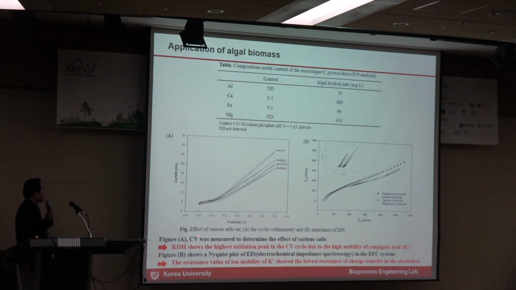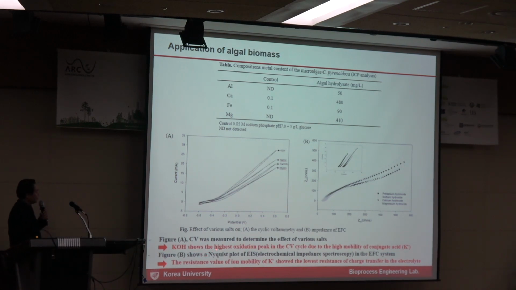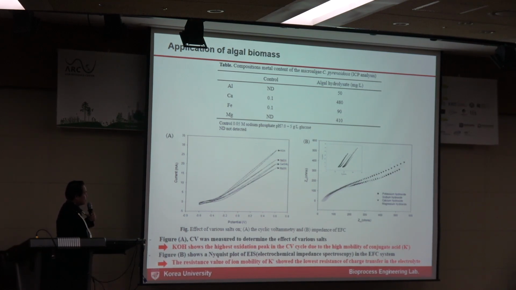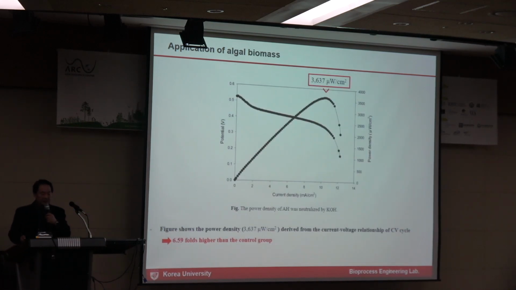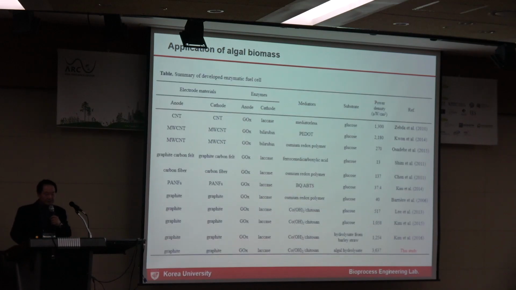We used KOH or NaOH for neutralization of the hydrolysate, but KOH shows the highest oxidation peak in a CV cycle, and the resistance value of ion mobility with potassium showed the lowest resistance. So finally, we could get the high power density here. We can compare with other results. It was quite successful.